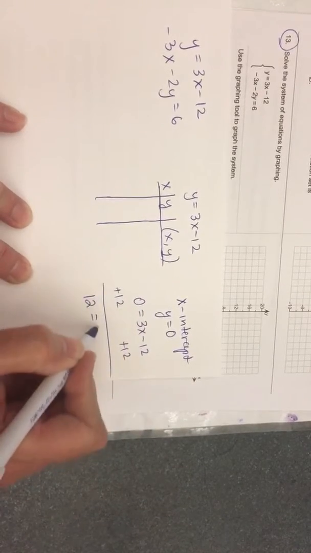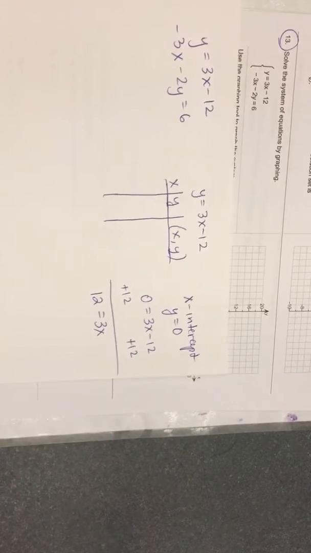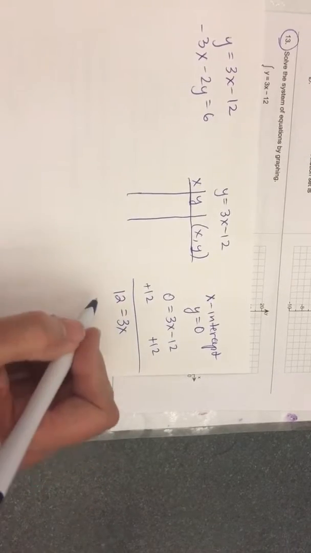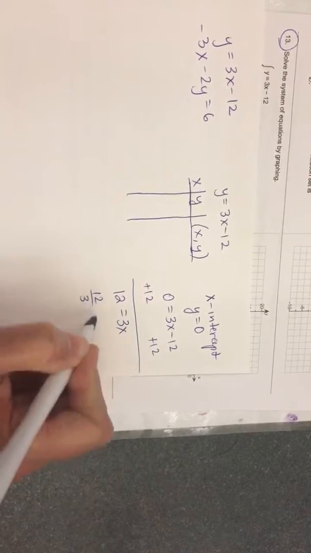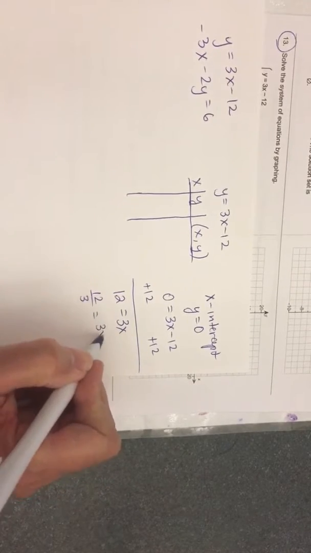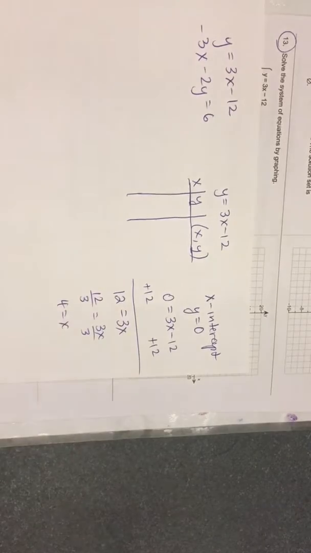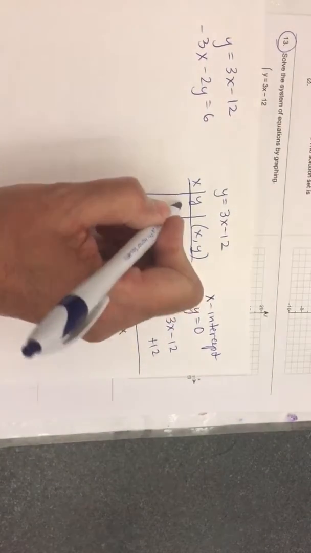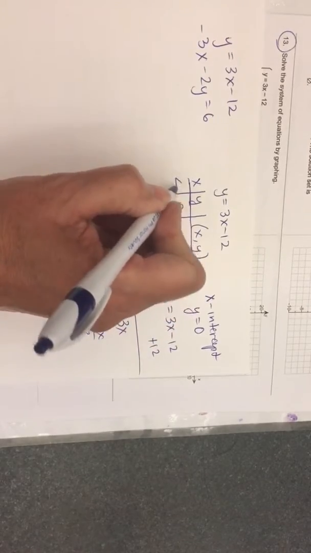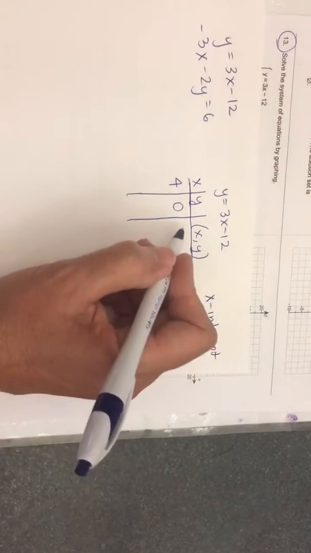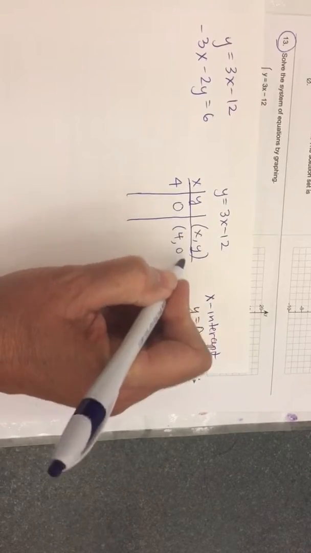This gives me 12 equals 3x. Divide both sides by 3. 12 over 3 equals 3x over 3. So 4 equals x. In my t-chart, I plugged in 0 for y. I did get 4 for x. My ordered pair is 4, 0.